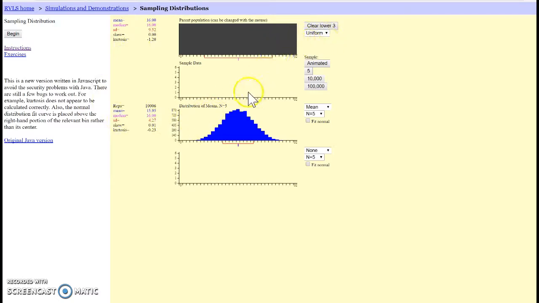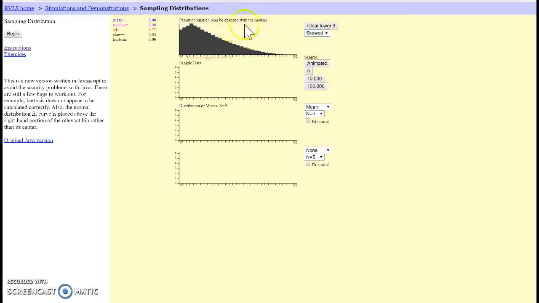Well, what happens if I do something different? Let's say I use a skewed distribution. This one's skewed right, and I get 5 samples. These are more likely to occur. I add them all together, divide by 5, and I get that. I'll do it again, many different times, as much as I want.